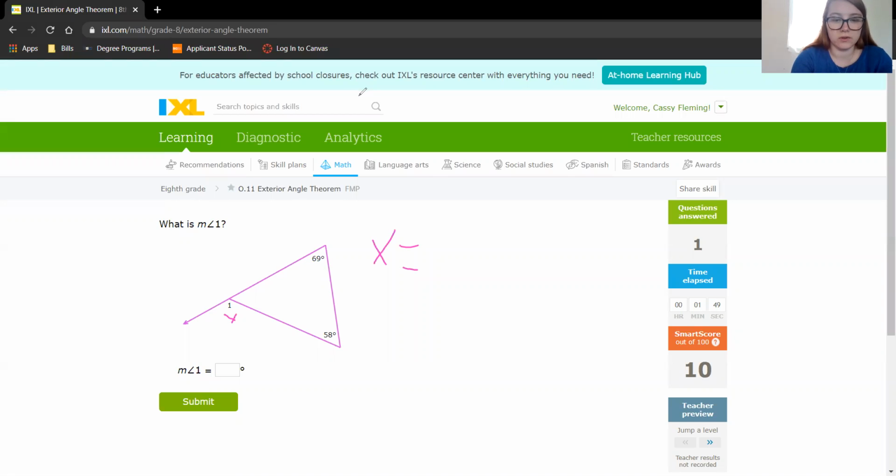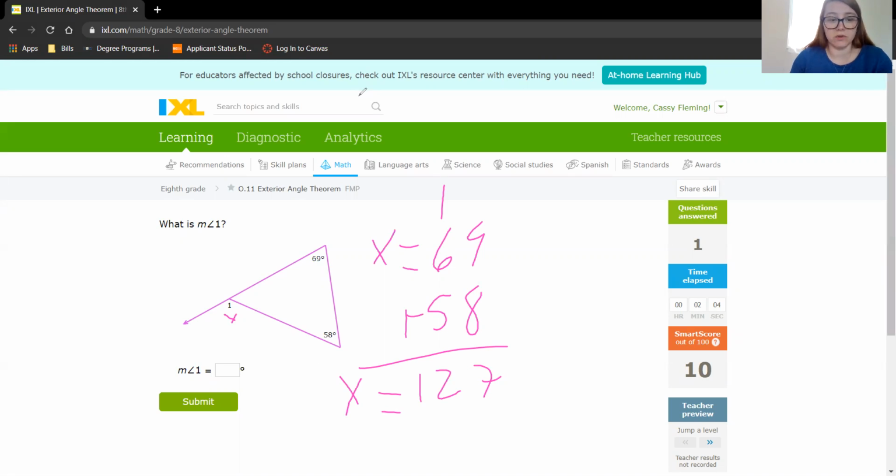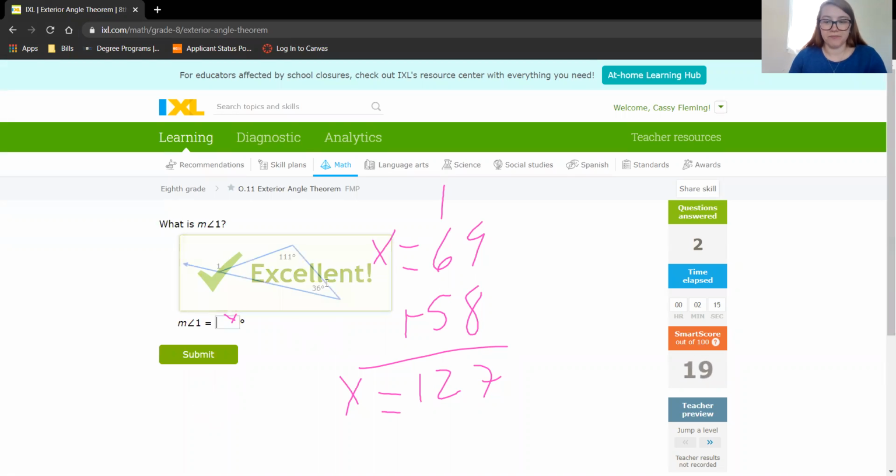X is equal to 69 plus 58. 9 plus 8 is 17. 6 plus 5 is 11. Plus 1 is 12. X is equal to 127. We called the measure of angle 1 x just to be easier to write out. Let's type in our 127. And boom. All right, so that is level 1.